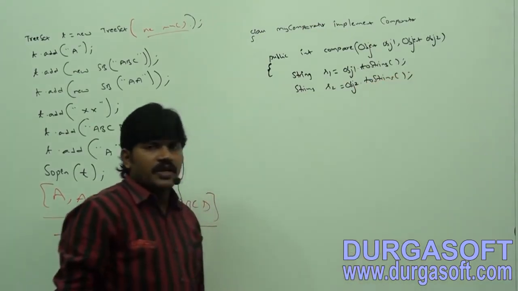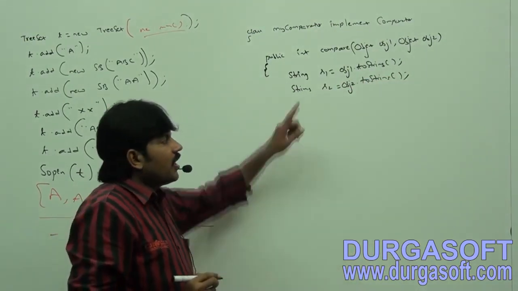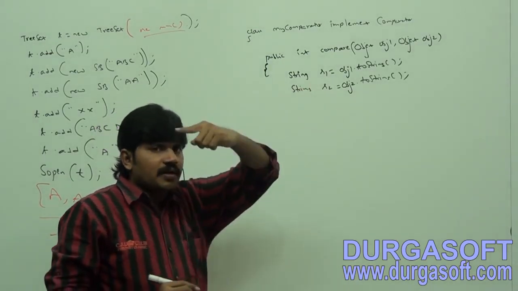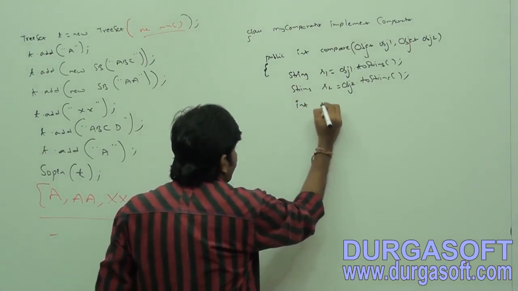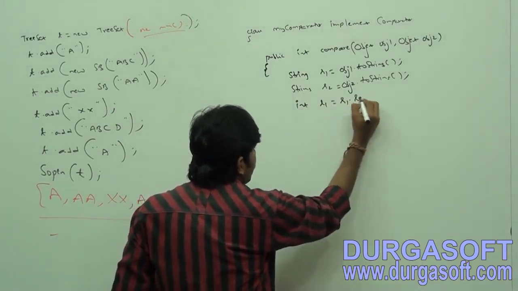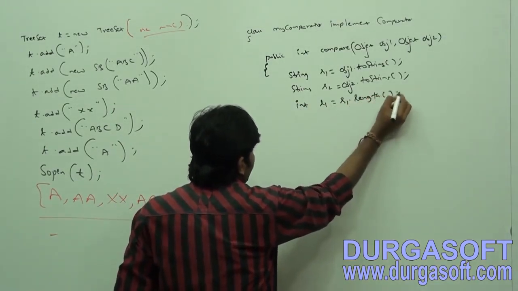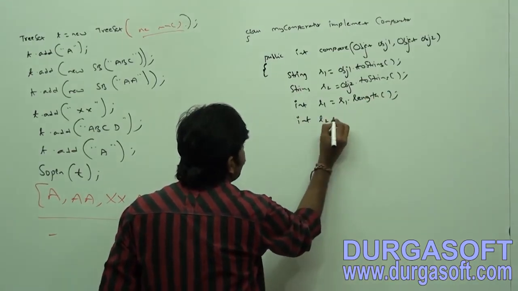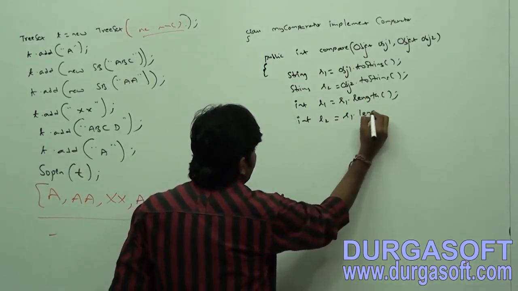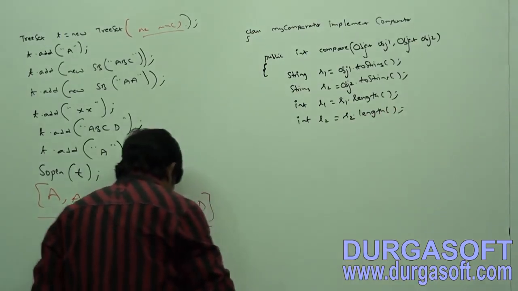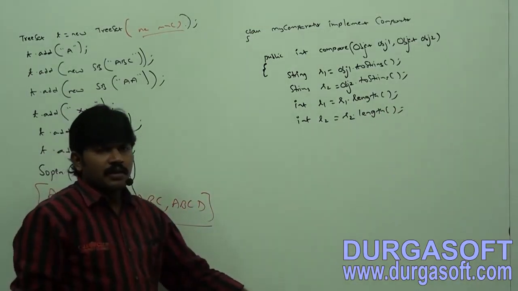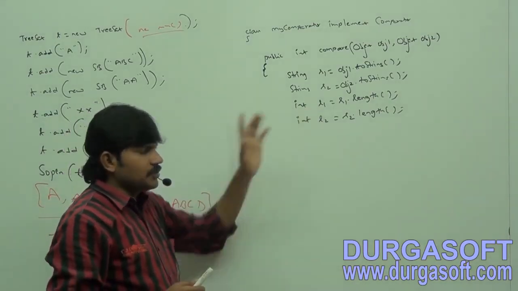Now I got String objects, but I have to arrange according to increasing length order. First find the length of these. int l1 = s1.length(); int l2 = s2.length(). Now I got the length of both objects.